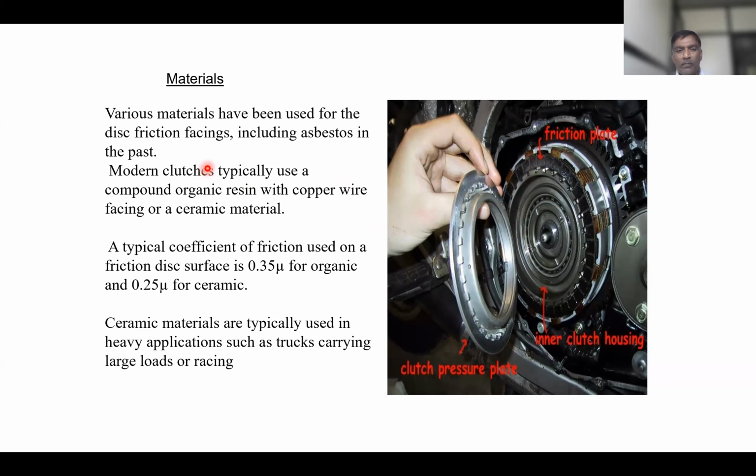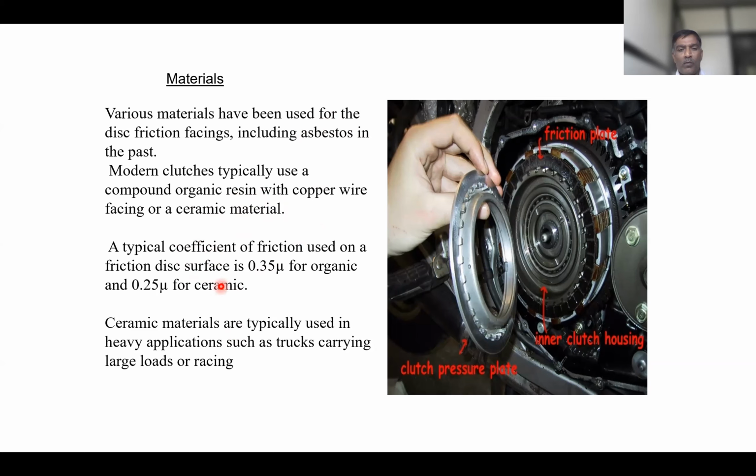You can see here what materials are used as frictional material for facing the clutch plate. Previously it included asbestos. Now some compound organic resins with copper wire facing or ceramic materials are used as frictional lining.